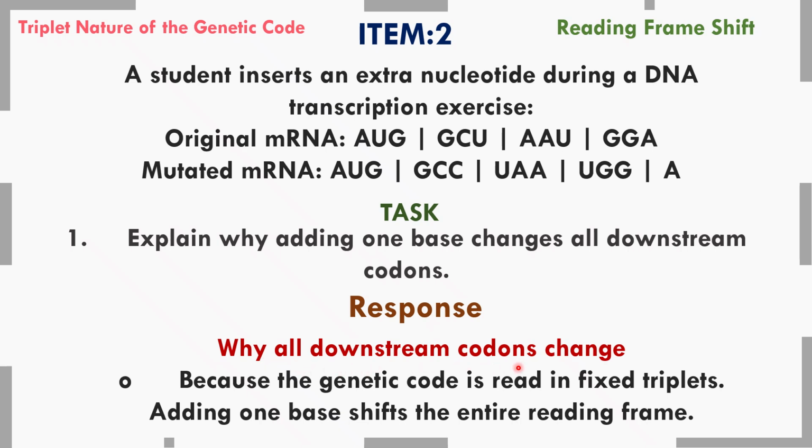Why do all downstream codons change? This is because the genetic code is read in fixed triplets. Adding one base shifts the entire reading frame.